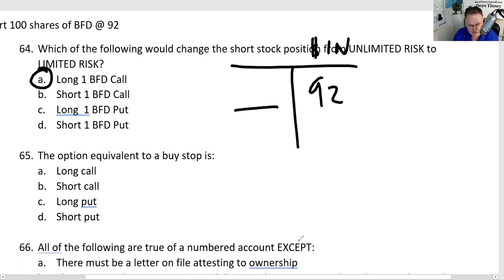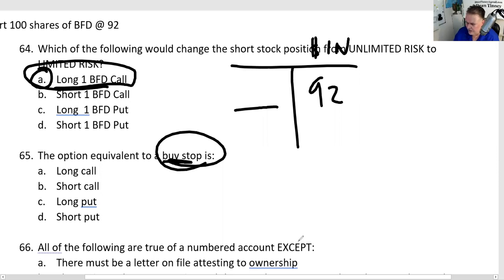And that's a neat arrow to have in your quiver. So I recognize that a long call changes that short stock position. So a buy stop, remember, a buy stop is to stop a loss in a short position. Another way you can do that is what I just showed you, that long call.